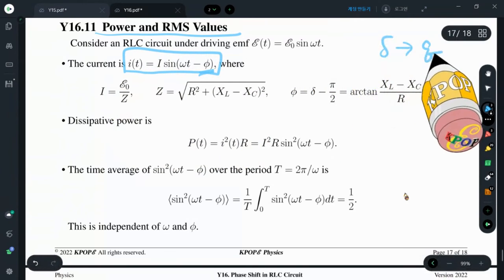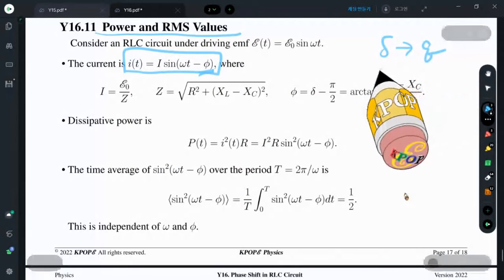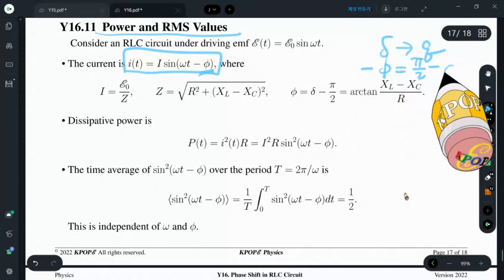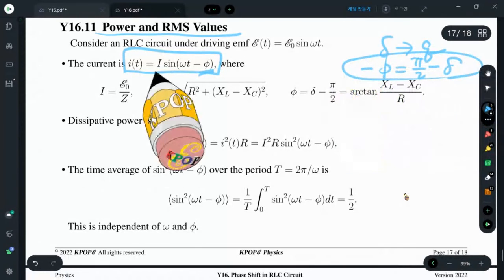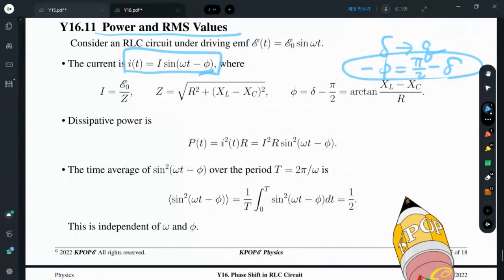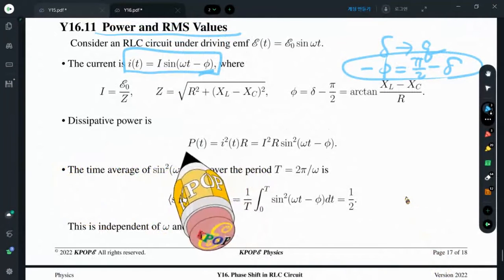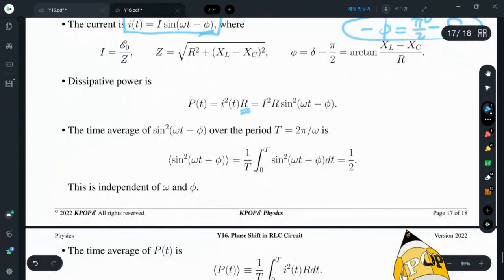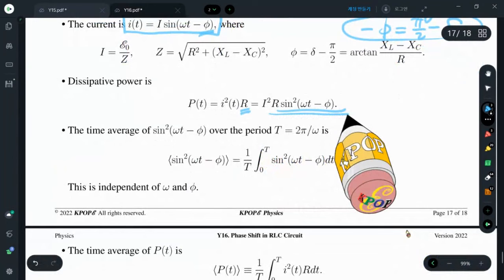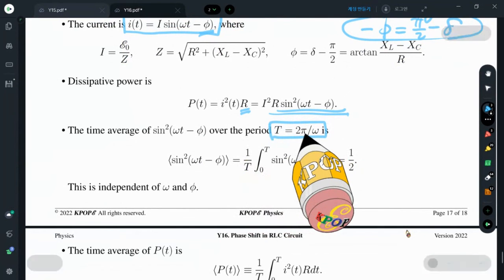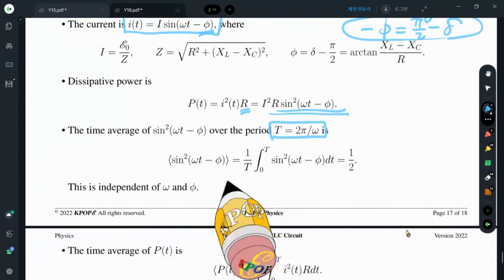Delta corresponds to the phase shift for the charge Q. Phi, that is minus phi, is a half of pi minus delta, is the phase shift for the current. Using this, we can determine the power spent by the resistor, and this time dependence can be averaged over time. Specifically, you can take the period to take the time average.